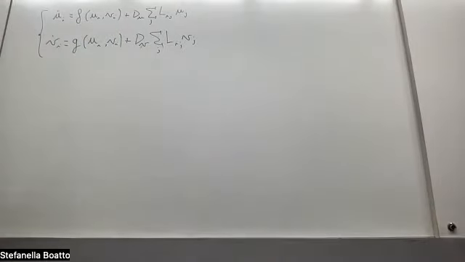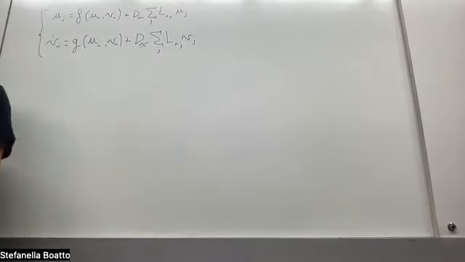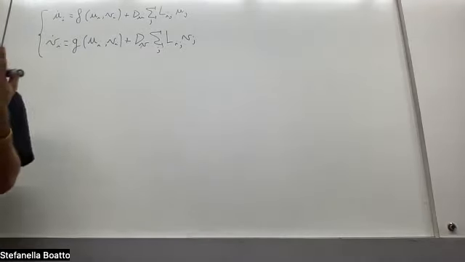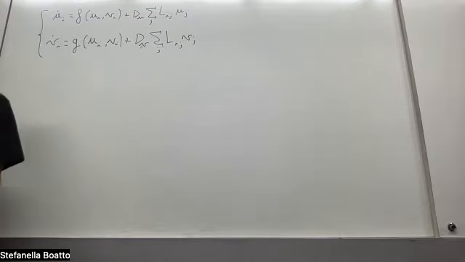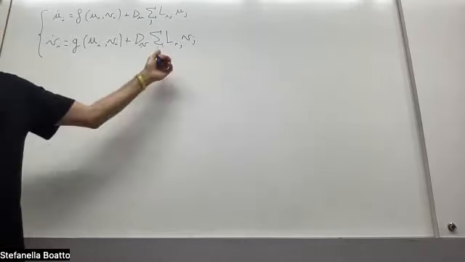And so we have seen last time how we can solve this system by linearizing and changing the basis, so studying the development of the perturbation, the expansion of the perturbation on the basis of the Laplacian.